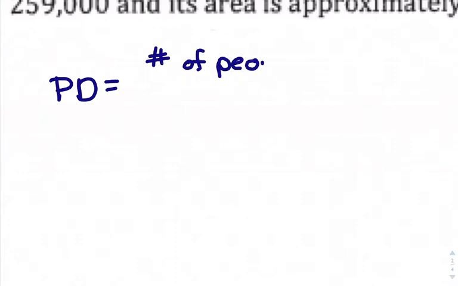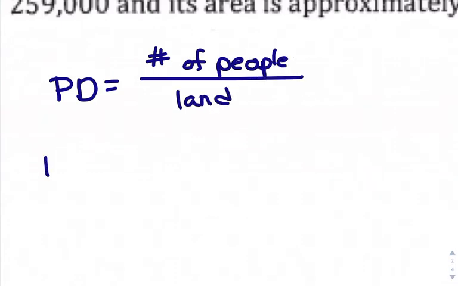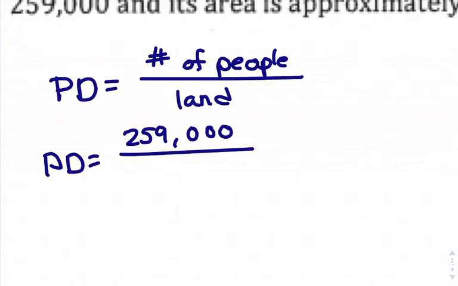To find the population density, it's the number of people divided by your land. Here the number of people is 259,000 divided by 53 miles squared.